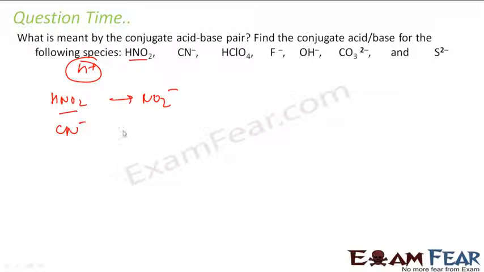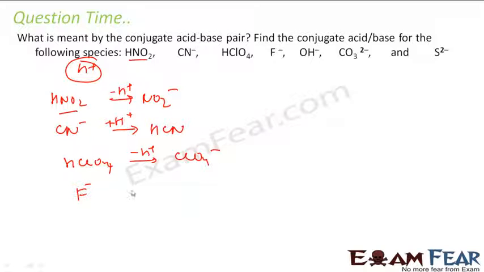CN minus, there is no way it can give a proton, it has to take a proton, right? Plus, this guy is minus. Then we have HClO4. This is an acid, I know, so this becomes ClO4 minus. F minus can never give a proton because there is no proton here, so it will add one proton. OH minus, we know that it generally takes one H plus to become H2O.